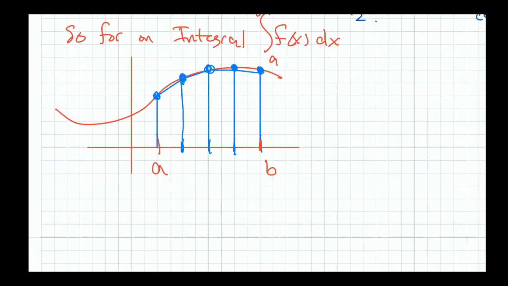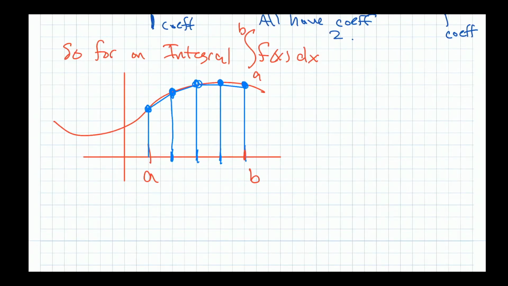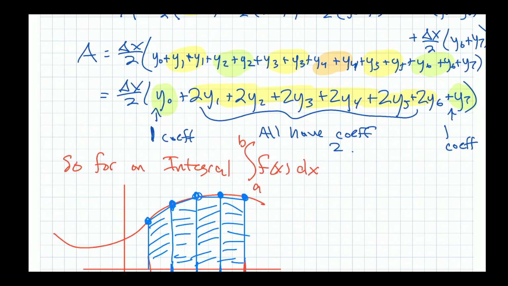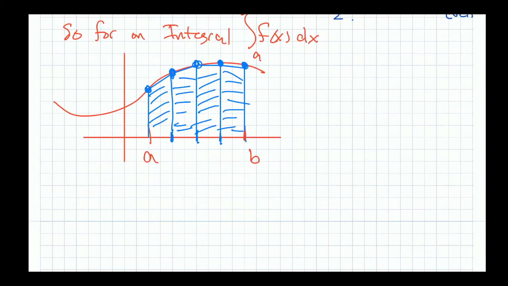So there you go. And if you added up the area of each of these trapezoids, then you're going to get a formula that's just like the formula that we had up here. Okay, so for an integral like this, you'd be able to say that the integral of f of x dx is approximately equal to, we're going to call it Tn.